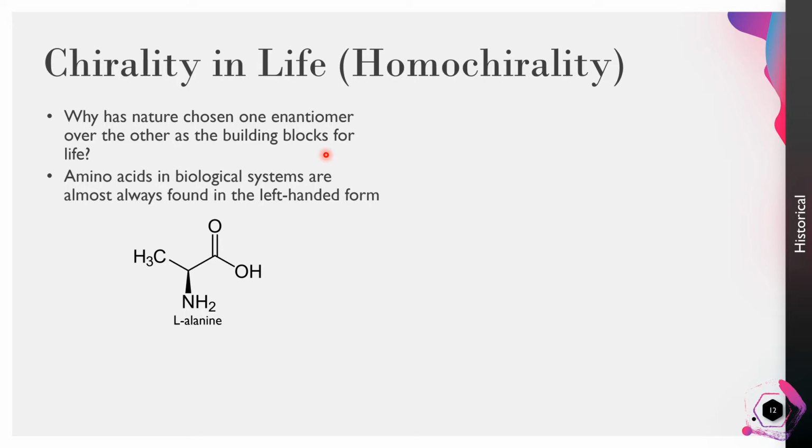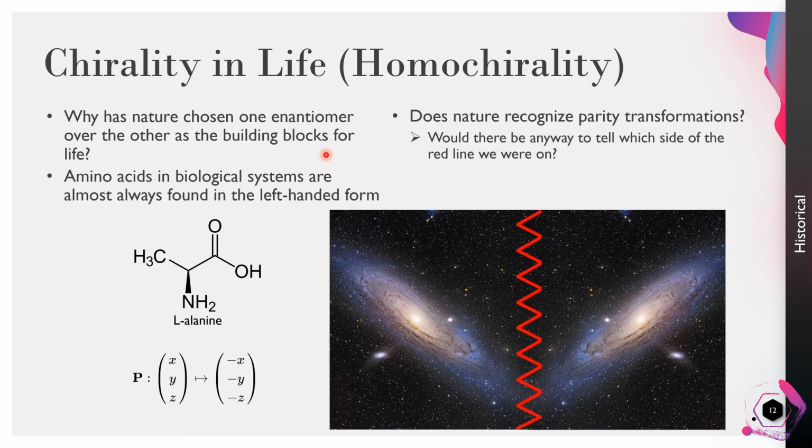So to rephrase this question, we can think of it as: does nature recognize parity transformations? Now, a parity transformation is essentially, in 3 dimensions, if we were to take an x, y, and z coordinate and just find the inverse, then you would be performing a parity transformation on a structure.